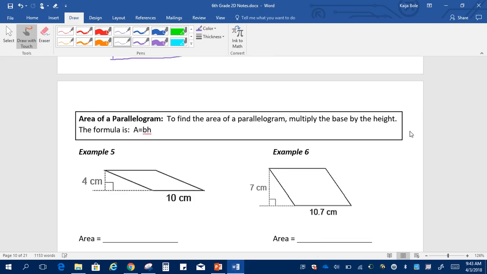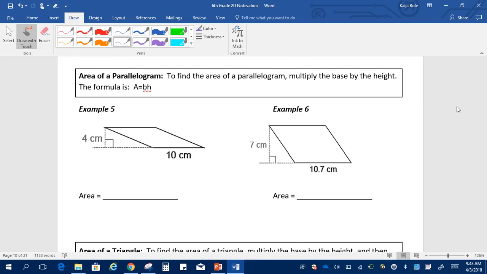Okay, so our first formula is area equals length times the width. If you flip the page, next is the area of a parallelogram. So to find the area of a parallelogram, you multiply the base by the height. So our formula here is A equals BH. The base, if you want to write yourself a note, is like your bottom number. Okay, so kind of what's holding it up, and then the height is how tall.